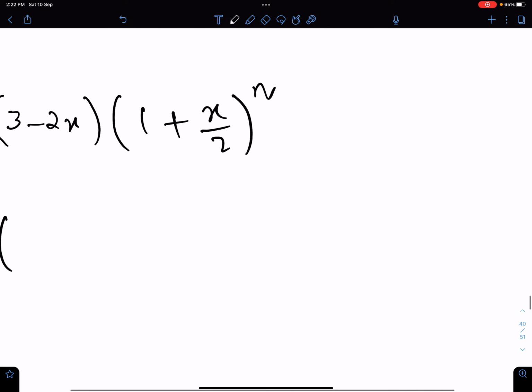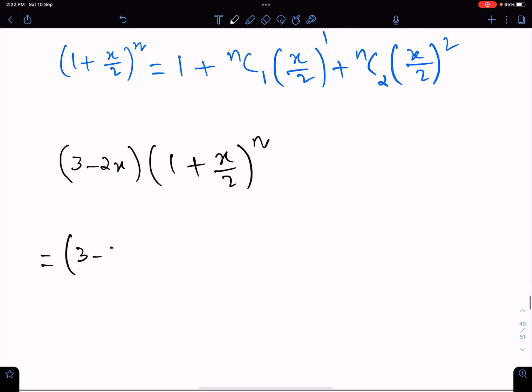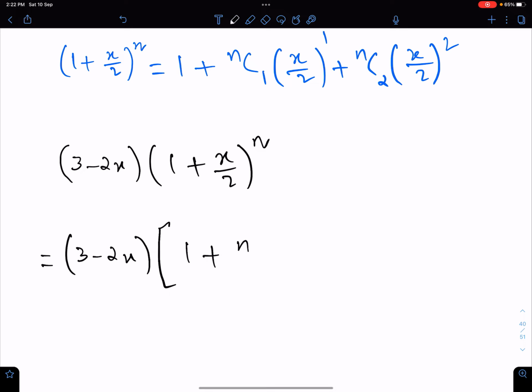So 3 minus 2x, 1 plus nC1 x upon 2. You can say nC1 1 upon 2 times x plus nC2 x square upon 4.